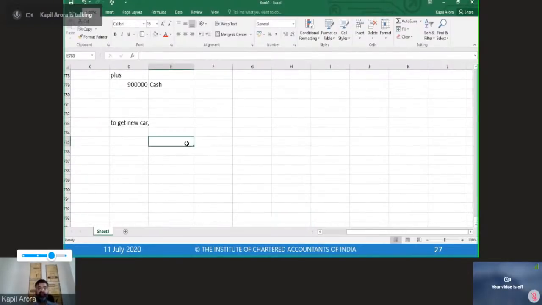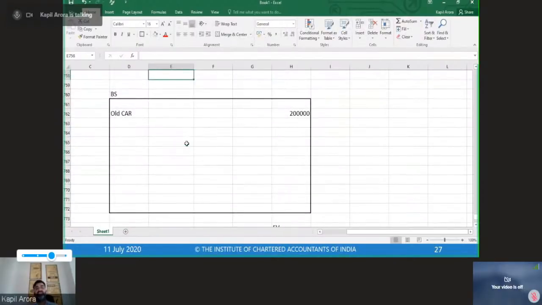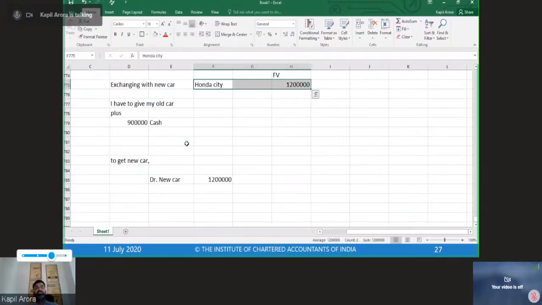I will record the asset as debit new car 12 lakh. I am not doing 9 lakh plus 2 lakh which I have given. As I mentioned, I will use the fair value of the asset.